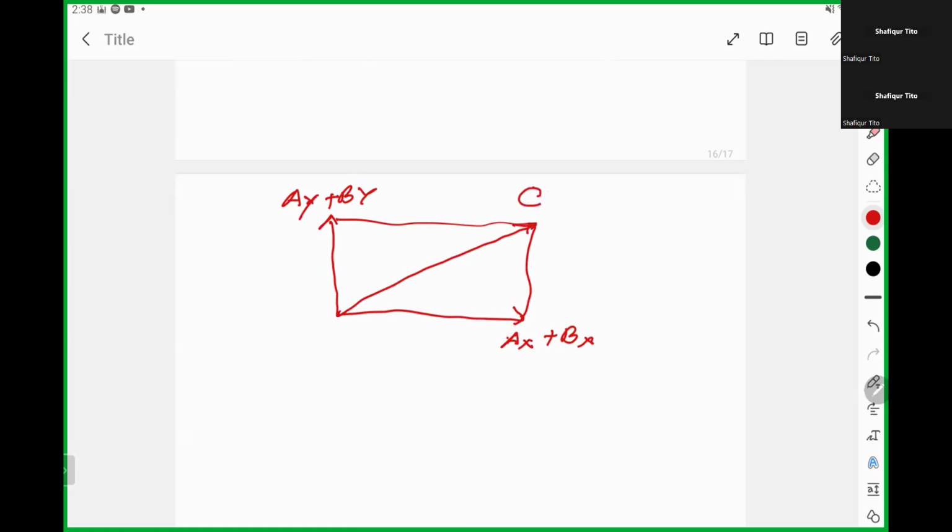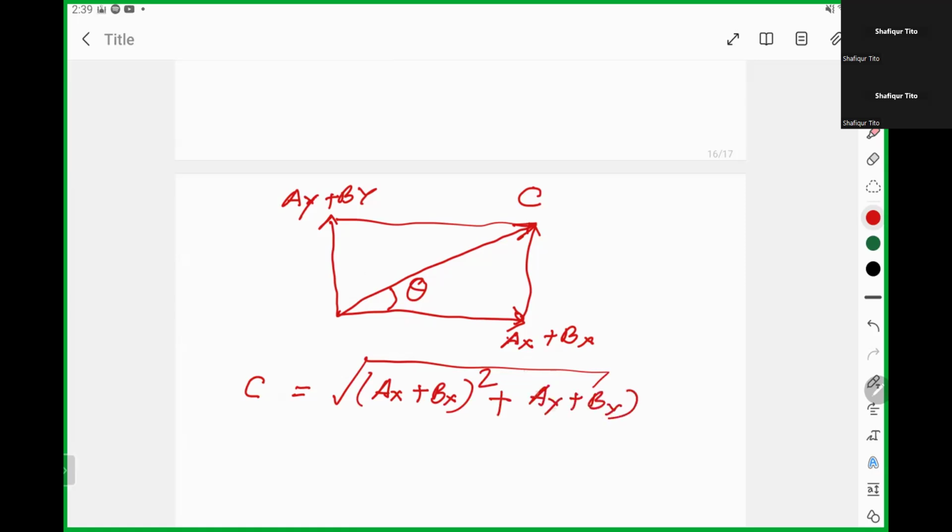You know this one, you know this one, then you can find the angle theta for C. So what would be C? C would be equal to root over (Ax plus Bx) square plus (Ay plus By) square.